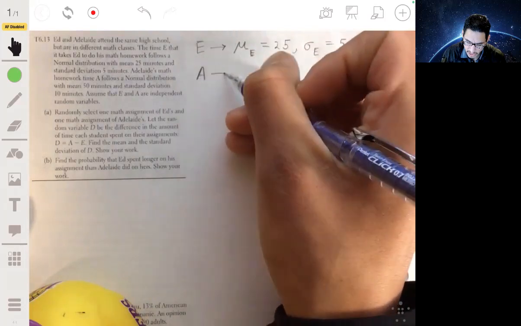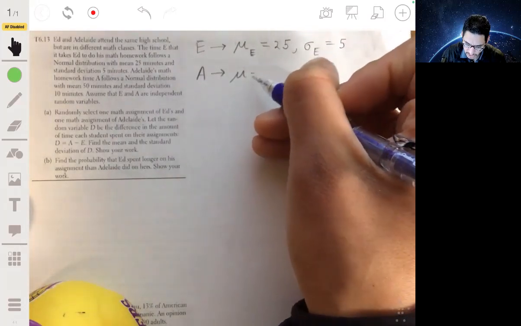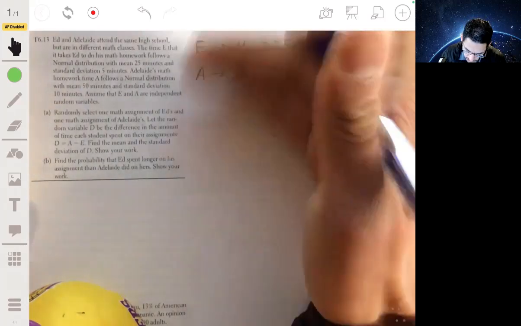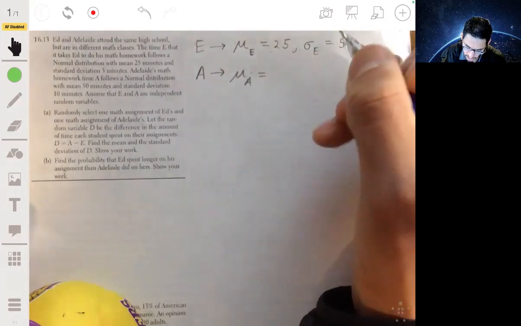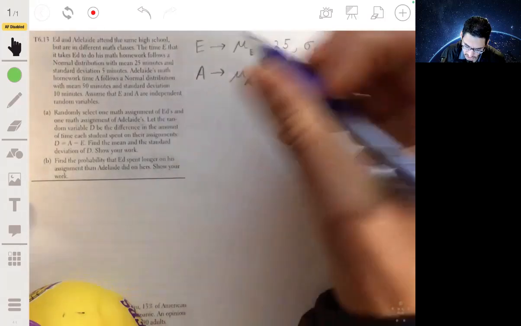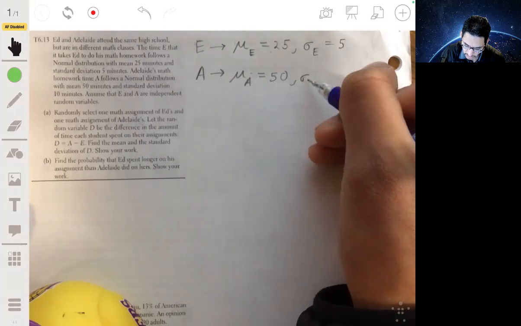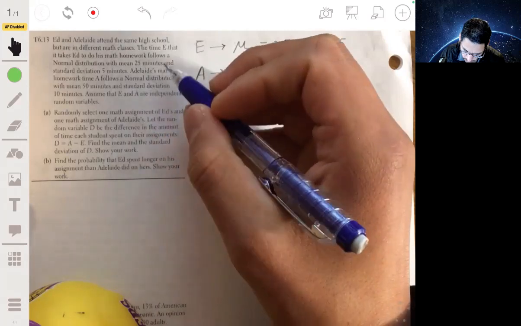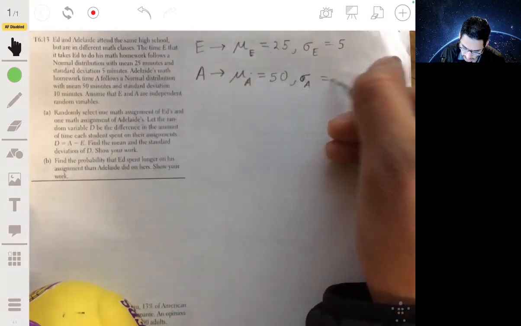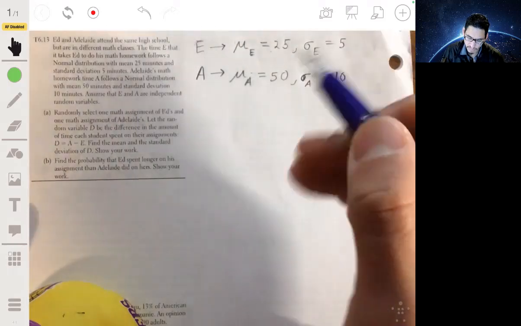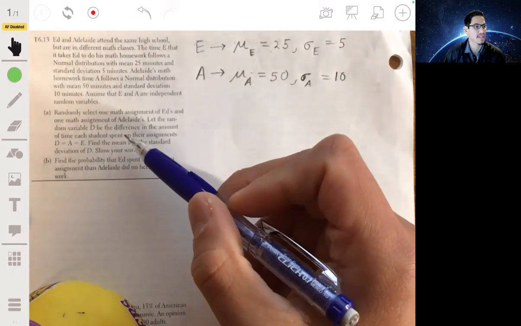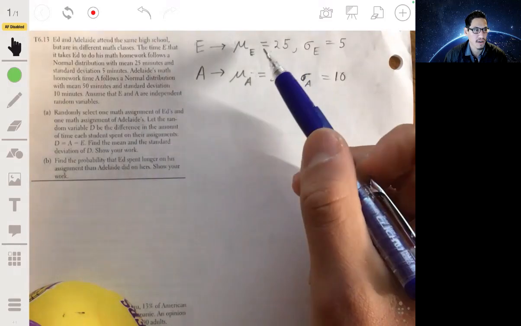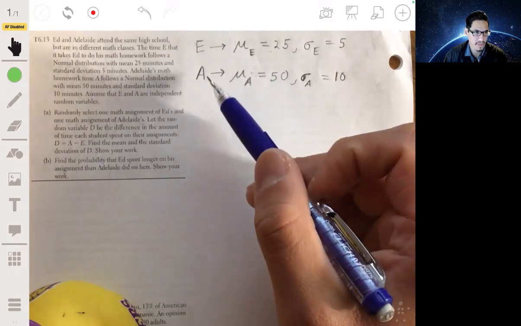And for Adelaide, she has a mean of 50 minutes, so we'll use mu sub A, and her standard deviation, sigma sub A, will be 10. Now we're looking at the distribution of the difference in time between Adelaide minus Ed, where the difference will be A minus E.